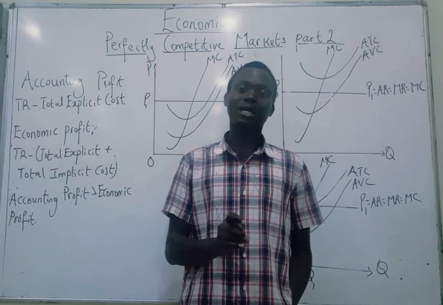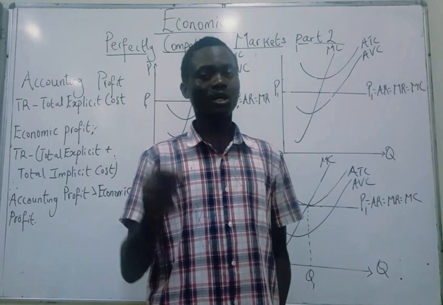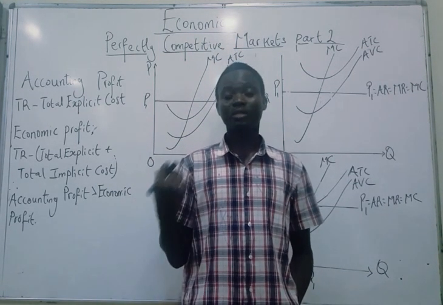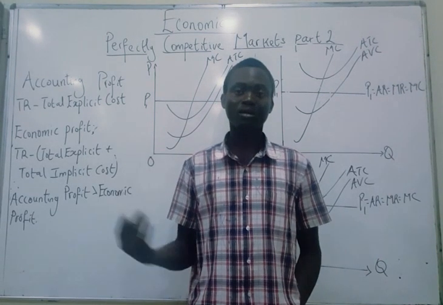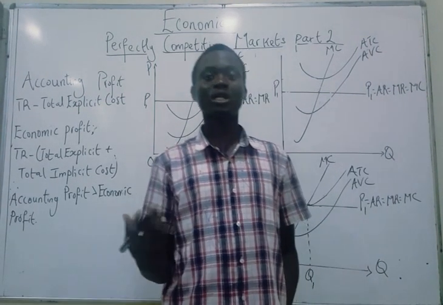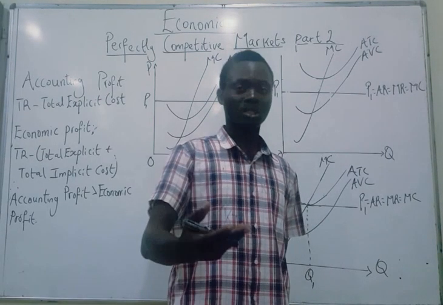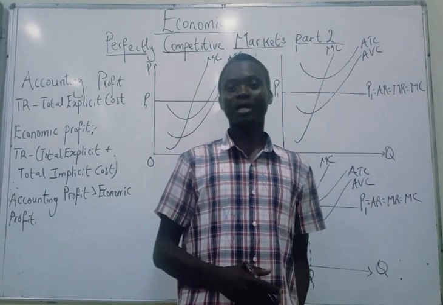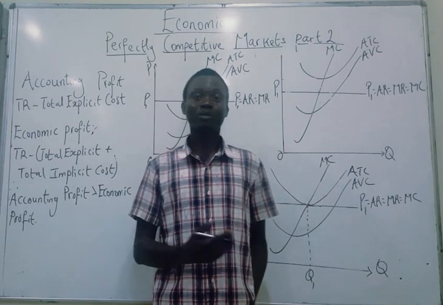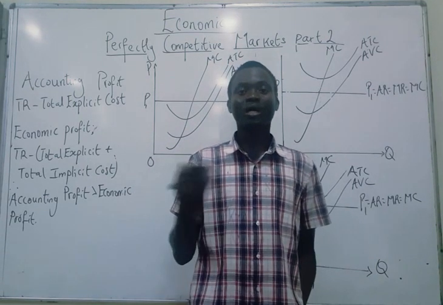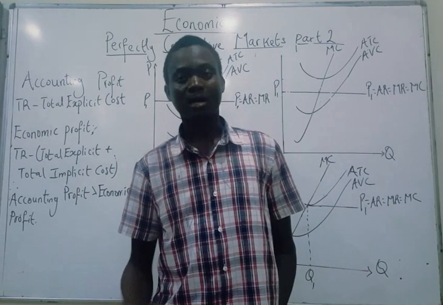So an accountant will not calculate the cost of that land when calculating the profits of that particular firm, simply because it involved no cash outflow. Nobody paid for it, and that is why it is not going to be included in the total cost that is subtracted from the total revenue.